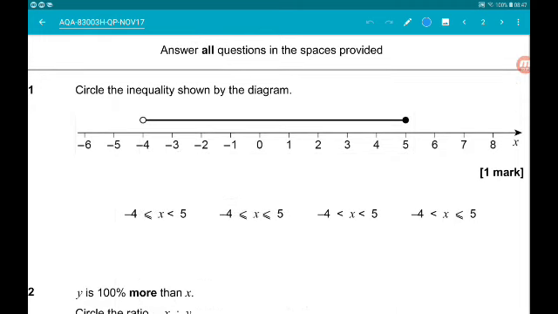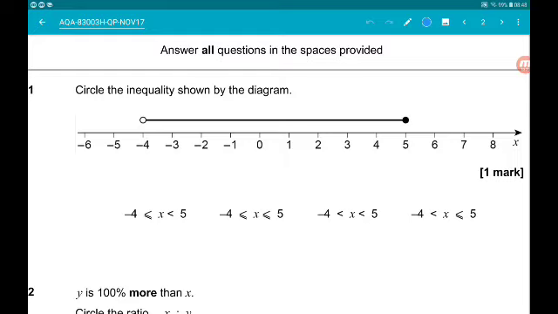Okay, question 1 wants us to circle the inequality shown by the diagram. So, hollow circles mean a strict inequality, filled in circles mean an or equal to inequality.